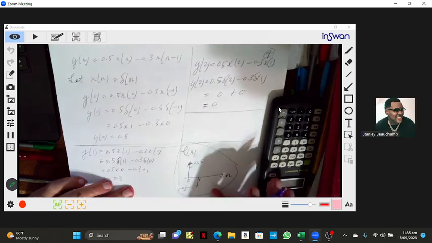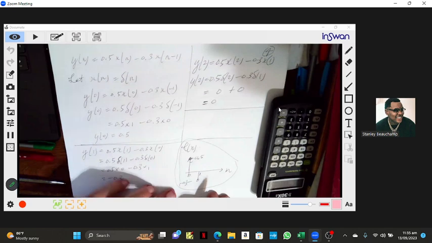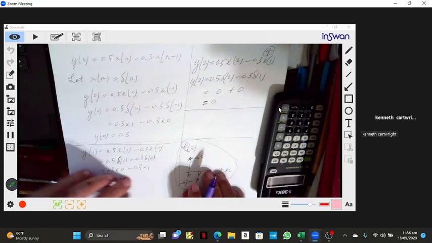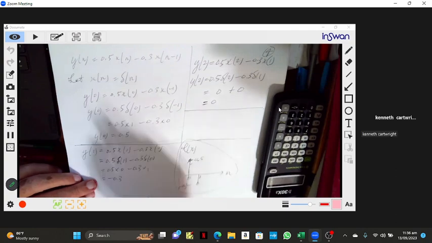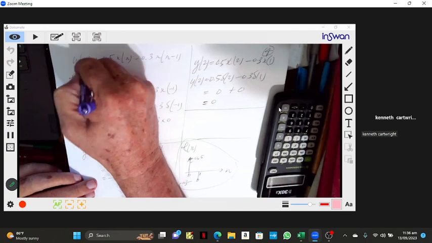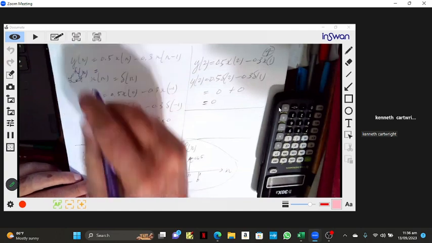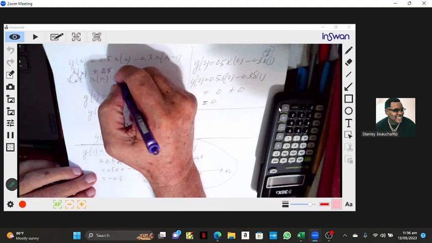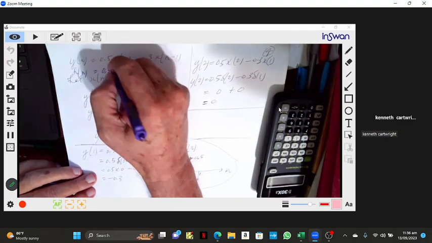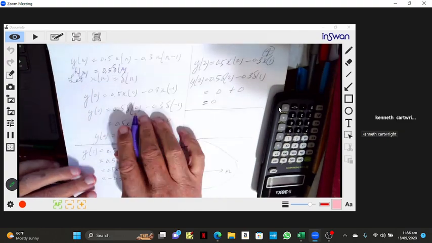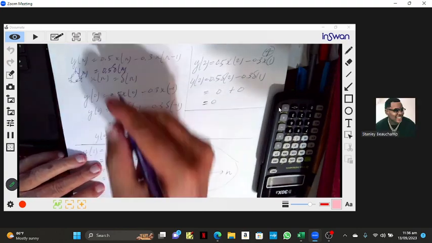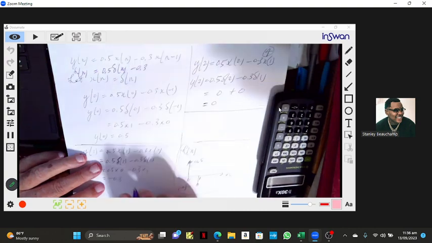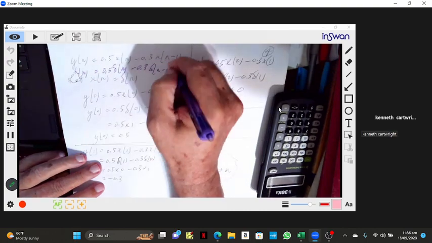I'm writing it as an equation, so h of n equals 0.5 delta of n minus 0.3 delta of n minus 1. I don't hear y'all saying "of". Absolutely.